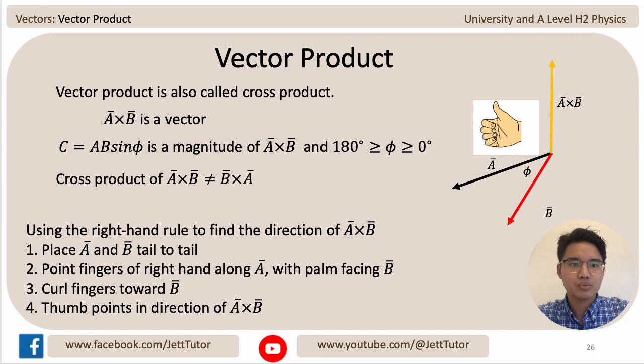How do we find the direction of the cross product? Use the right-hand rule. To find the direction of vector A cross vector B, place vector A and vector B tail to tail, like in the picture.